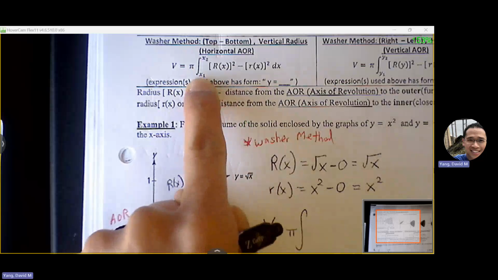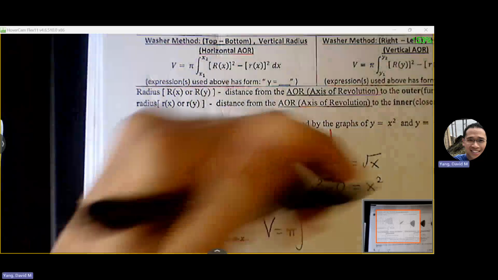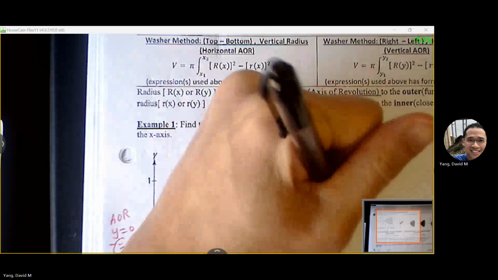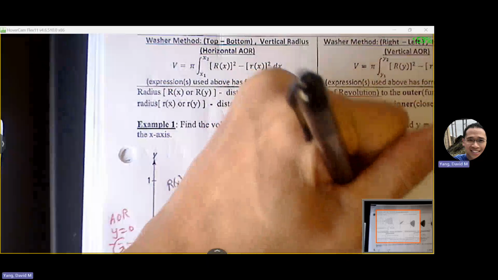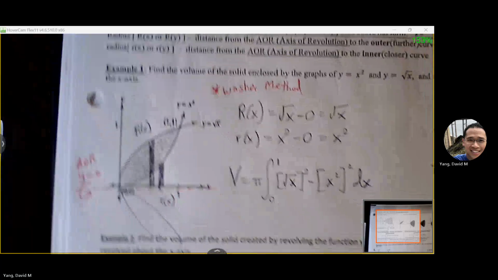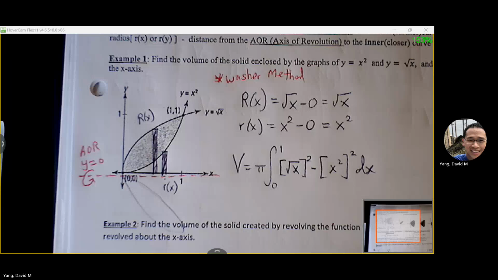So we're going to go as far left as 0 and as far right as 1. And then big R squared. Make sure we're squaring our big radius separately from small radius. Okay. Let's practice putting this into our calculator.